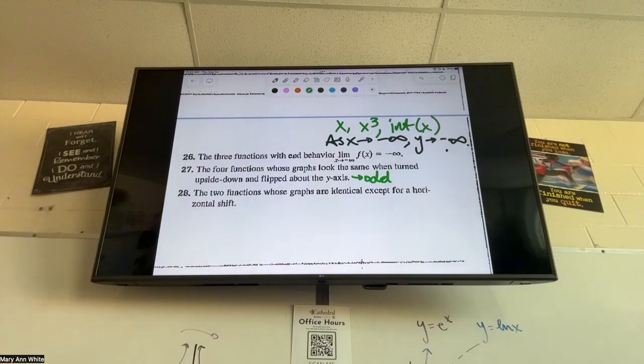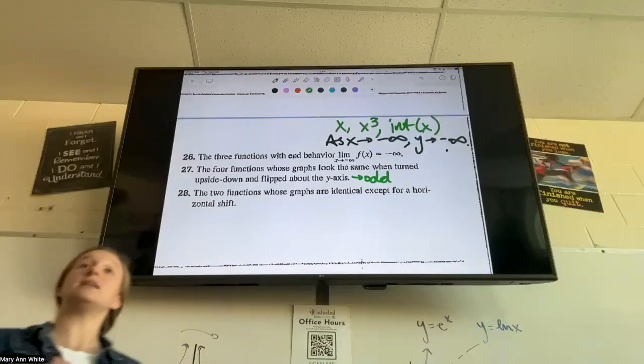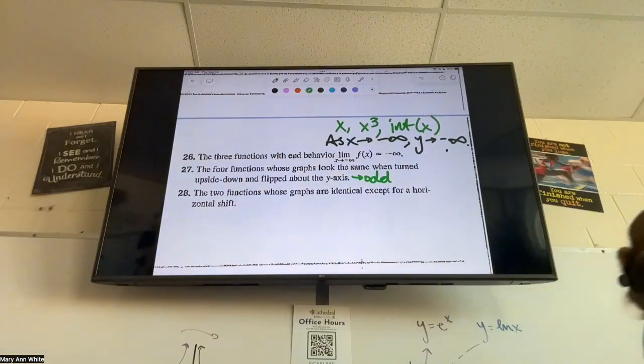So one way to think about being odd is that you flip it upside down, and then you flip it across the y-axis and it should be the same. The ones that are odd, we've already listed in number 19: reciprocal, linear, cubic, and sine. So those all count as odds. You can go back to number 19 if you want to see more of those.